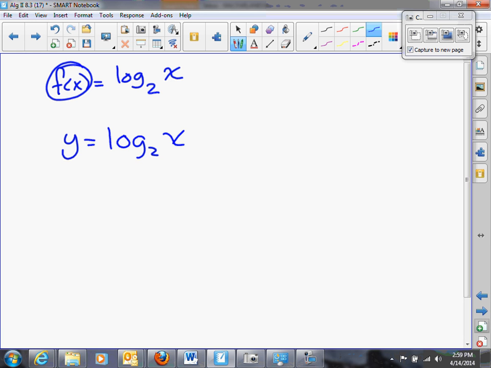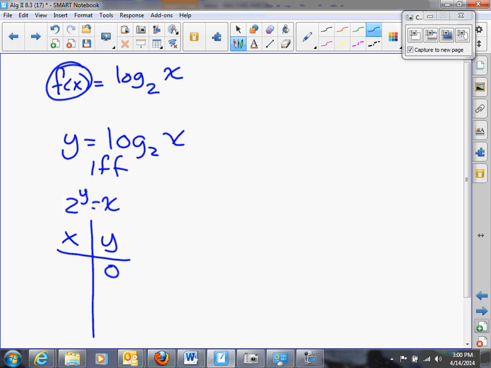So let's do this. We know that this is true if and only if 2 to the y equals x. Now, in this case, let's pick some y's rather than x's, and when we pick a y, we'll find out what x is. So, first of all, let's pick 0 for y.